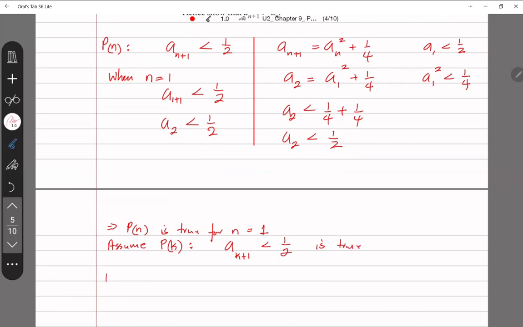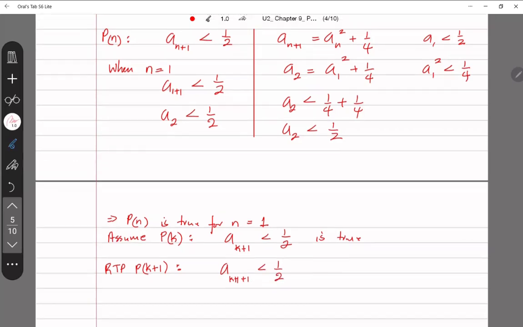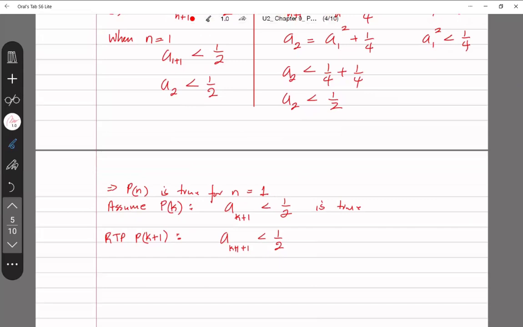Then I'll be required to prove that P_(k+1), which is the statement a_(k+1) is less than a half. I'm required to prove that, and I must utilize the fact that a_k is less than a half.